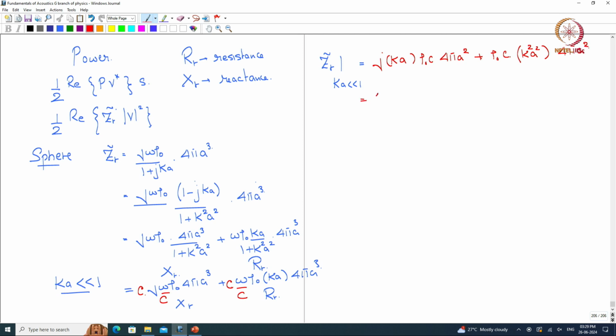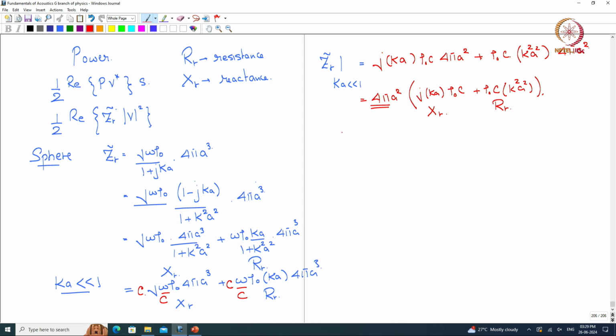So if I take 4 pi a square outside, which is the surface area, I get j times Ka rho 0 c plus rho 0 c k square a square. So this is r of r, this is x of r.